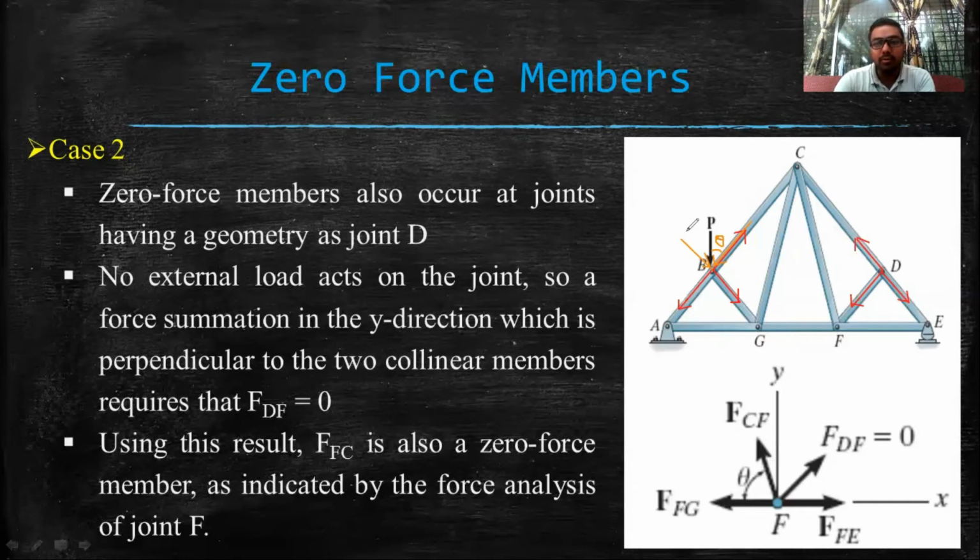Put in a different way, due to this force P, the vertical component will be P sin theta, and in order to balance that P sin theta, there must be some force within this member BG, because for the equilibrium to hold good, this should be equal and opposite to the component of P, that is P sin theta.